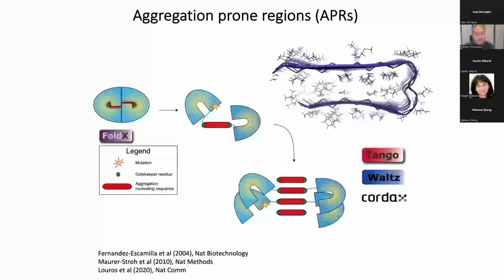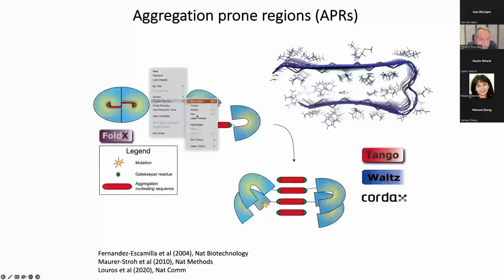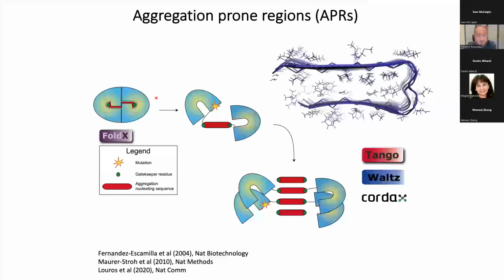And actually, what I will start with is a slide which I used to start many talks already 15 years or so ago as a way of introducing aggregation-prone regions. And so the slide generally goes in the following manner. Proteins are folded, and then, during translation, translocation, stress by mutations, etc., they can unfold.